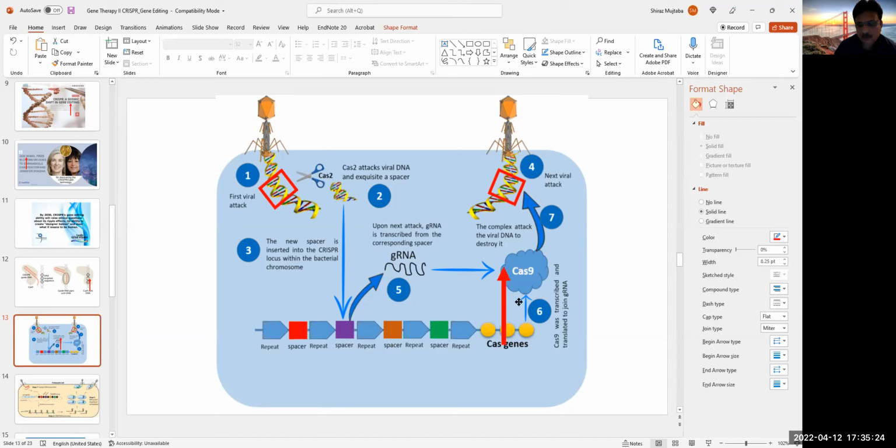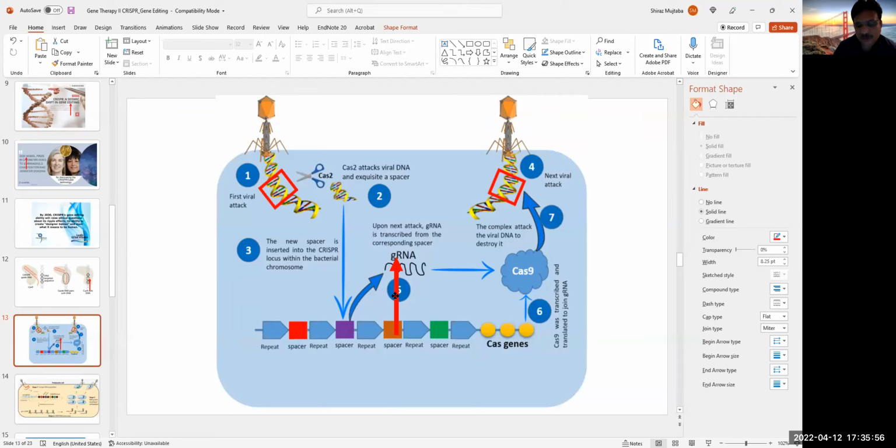This RNA goes and binds to Cas9. Cas9, as I mentioned, is an RNA binding protein. So this Cas9 and this RNA, called guide RNA, form a Cas9 RNA complex. They go and again recognize this bacteriophage: hey, you entered again, we need to destroy you. So this spacer that transcribes RNA, this RNA is called gRNA.